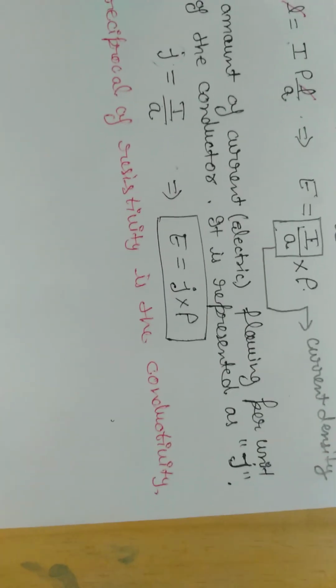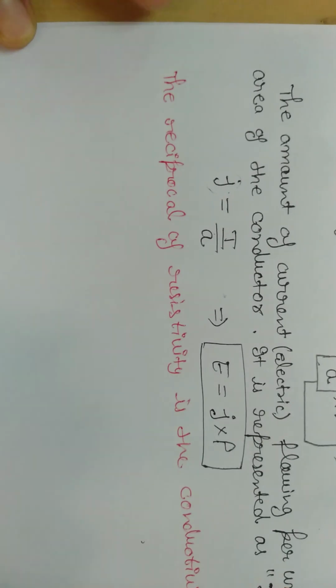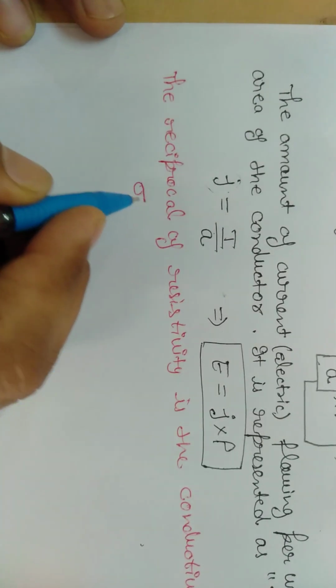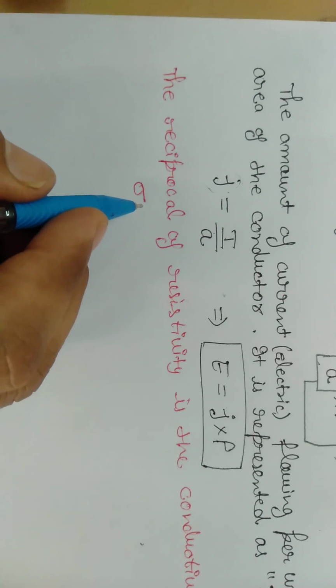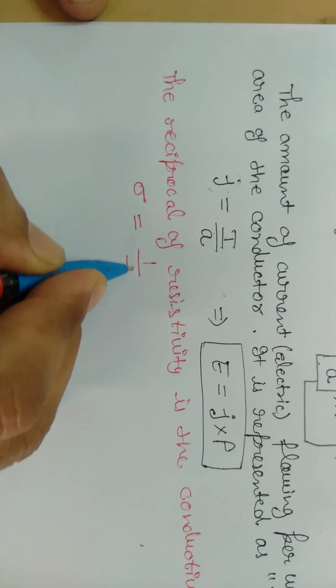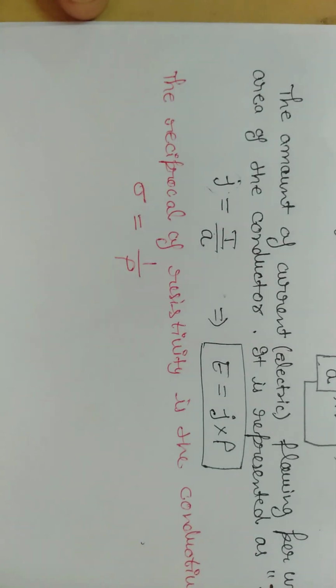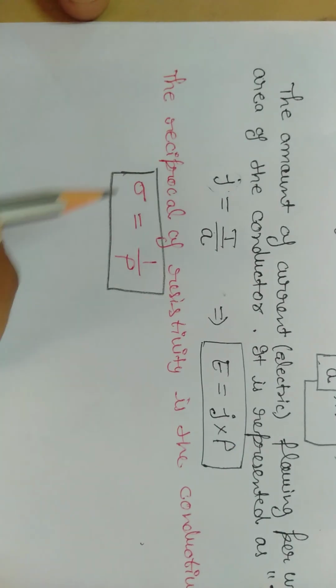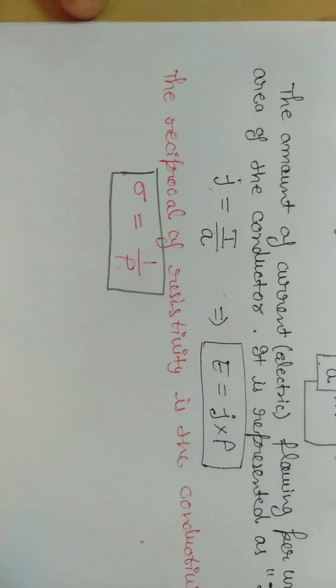It is represented as sigma, so sigma will be equal to the reciprocal of the resistivity. So that is your relation between the conductivity and resistivity.